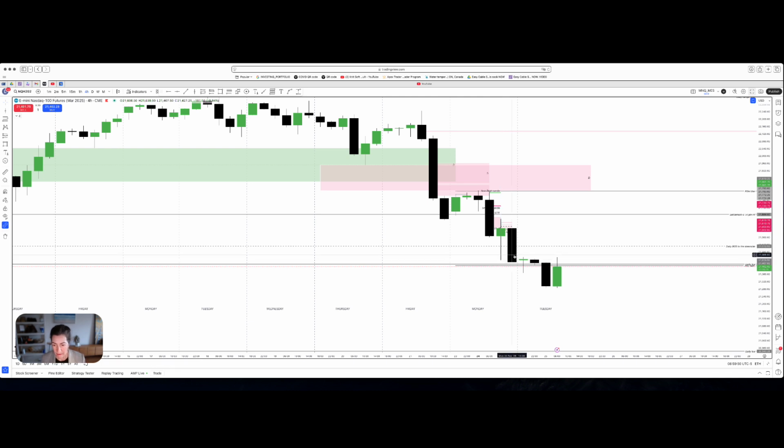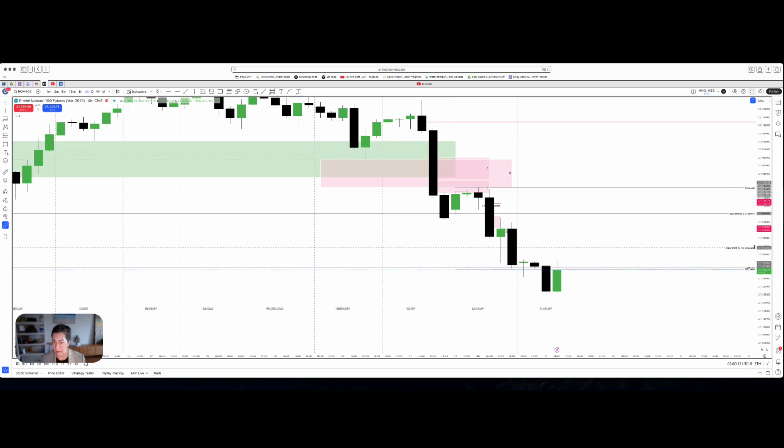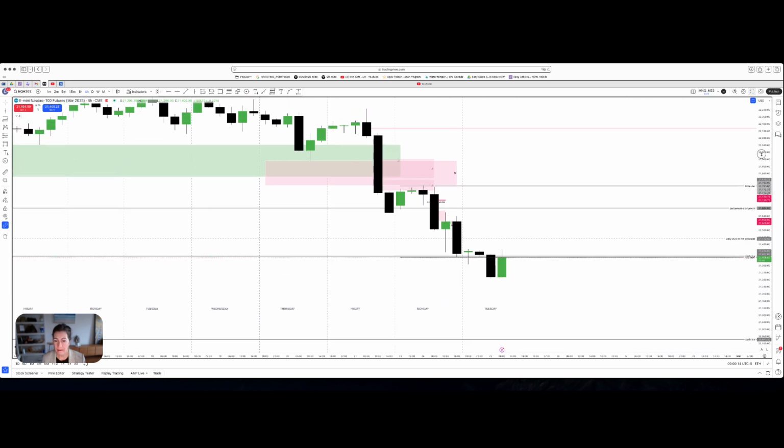So I'm going to take out anything maybe from yesterday that no longer applies. I'm going to take out these fair value gaps. So we're on the 4 hour, and I'm looking for any imbalances, areas of liquidity, and anything that may be old and still on my chart.